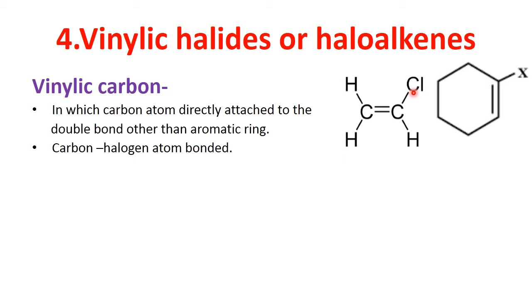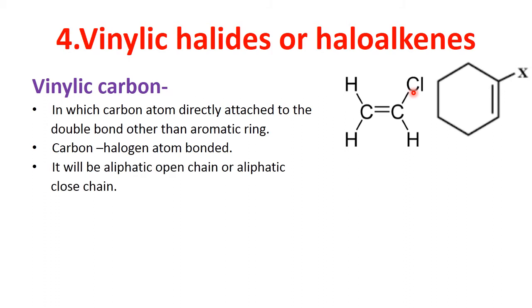These vinylic halides will be either aliphatic open chain or aliphatic closed chain. Now you can see this is an example of aliphatic open chain, and this is an example of aliphatic closed chain.